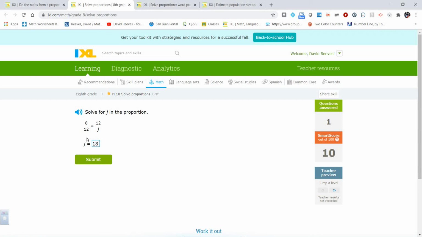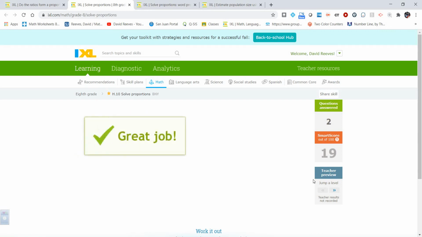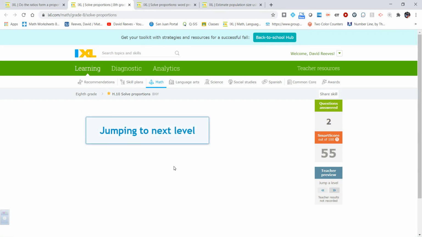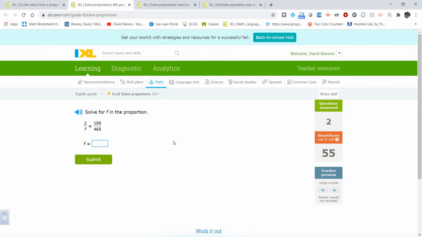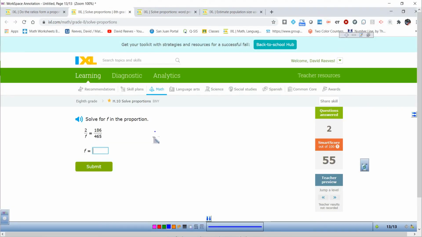So I'm going to go ahead and type that answer of 18 in, and I'm going to skip up to the next level. Okay, 2 over F equals 186 over 465. I guess this is supposed to be more difficult because the numbers are bigger, but honestly, this one's easier in my opinion because 2 goes evenly into 186, doesn't it?